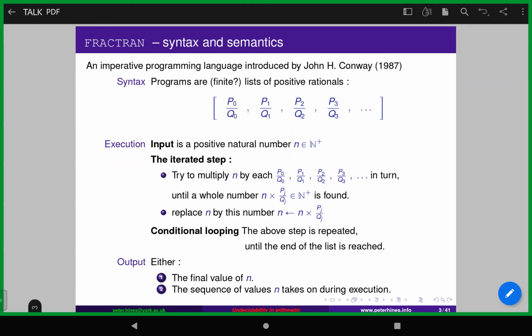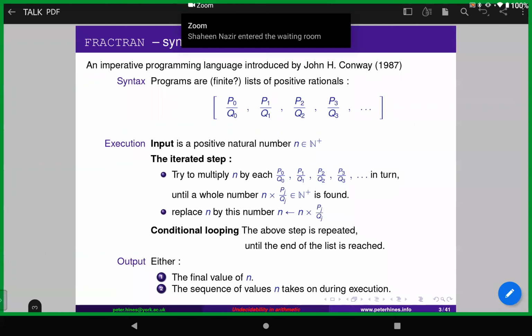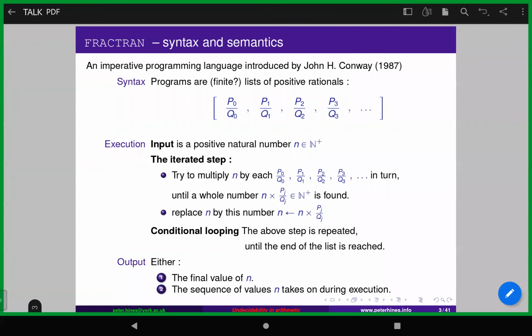All that happens is you take your natural number and you try and multiply it by each of these fractions in turn. You keep doing this until you arrive at a whole number. Then this becomes your new natural number. You return to the start of the list and you do the same thing again. So you've got a notion of conditional looping. You keep going through, you multiply until you find a whole number, you return to the start of the list, and then you continue the process.